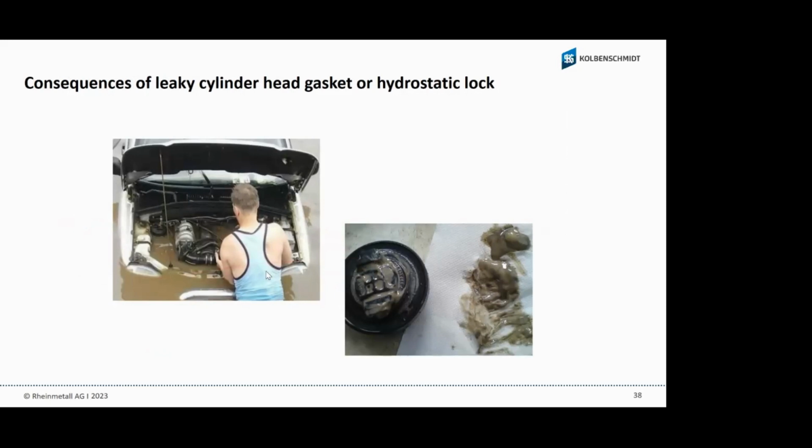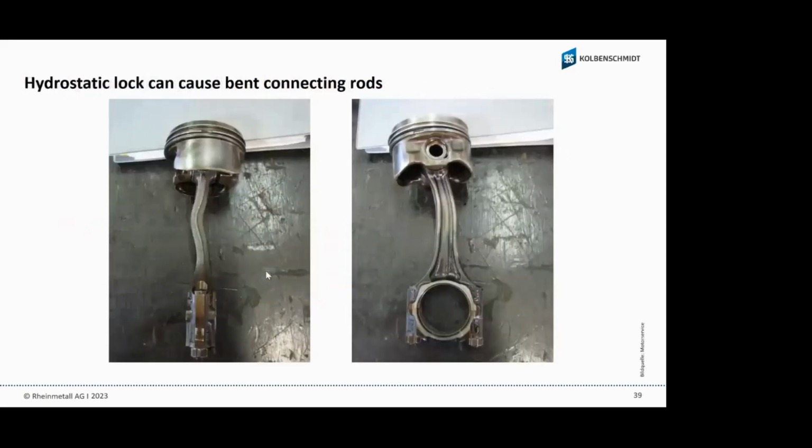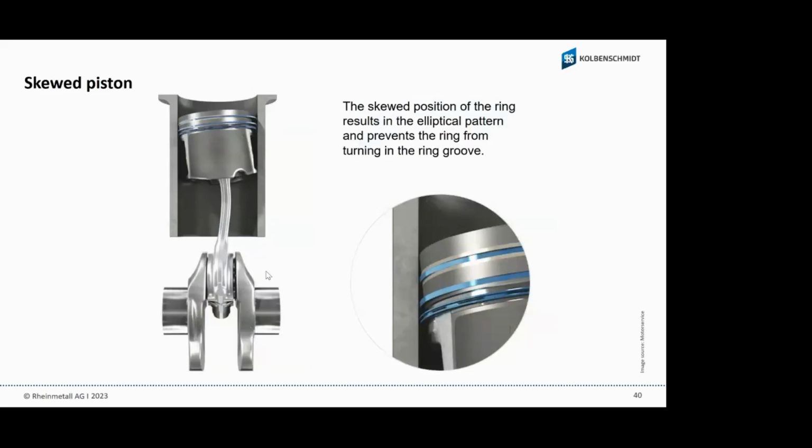And what is the effect? A bent conrod. This is a very high bending. When the conrod is not in the condition we normally need, the piston is not moving in a perfect line of the bore. It can have maybe 5, 6, 10 degrees of angle, moving up and down.